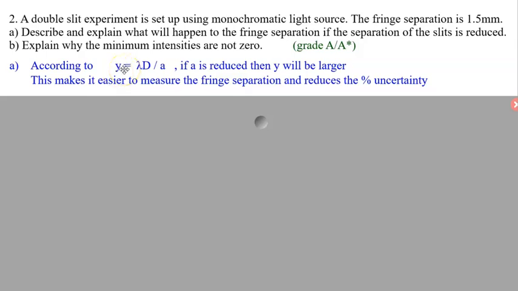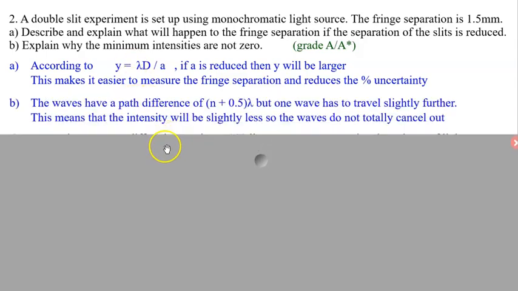The benefit of this is it increases the fringe separation. That's useful. It's easier to measure if those bright spots are further apart. And as we said, it reduces the percentage uncertainty. Your uncertainty is fixed, that will be with the ruler, maybe plus or minus a millimeter. But because the distance you're measuring is greater, the percentage uncertainty will be smaller, which is a benefit.